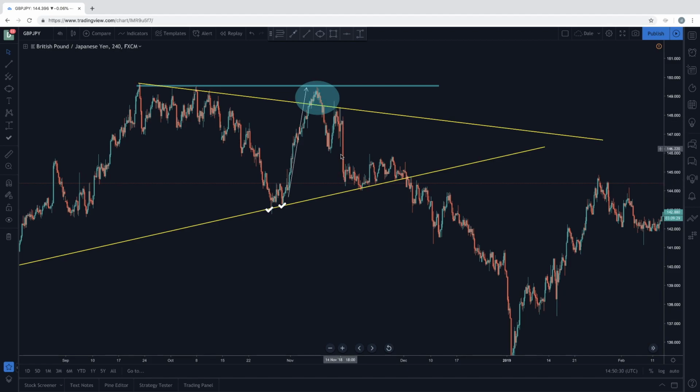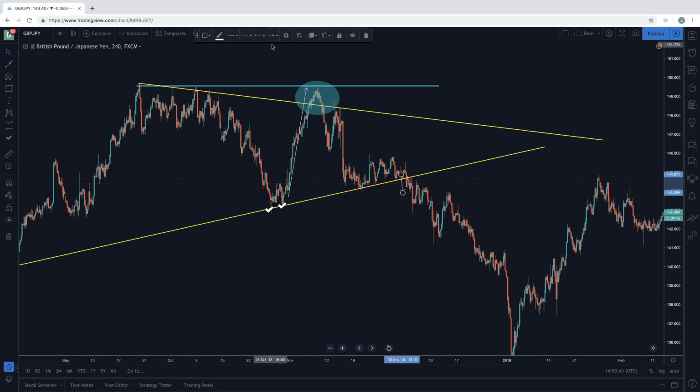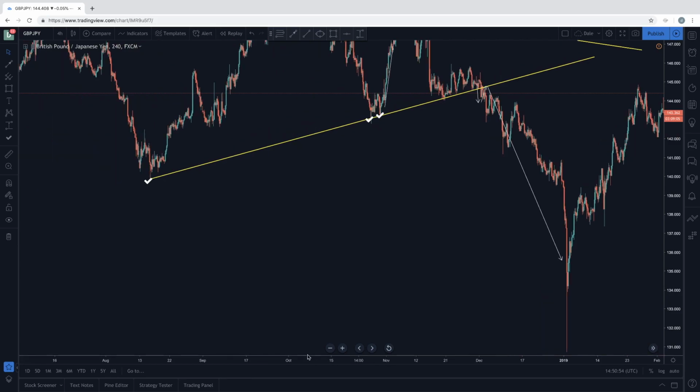After a very big shoot down or a shoot up in the market, it's very common to see consolidation. So we would have waited for the breakout of the trend line here, the retest of the trend line, a candlestick to close in our direction, and then we go down, all the way down to the level of support.